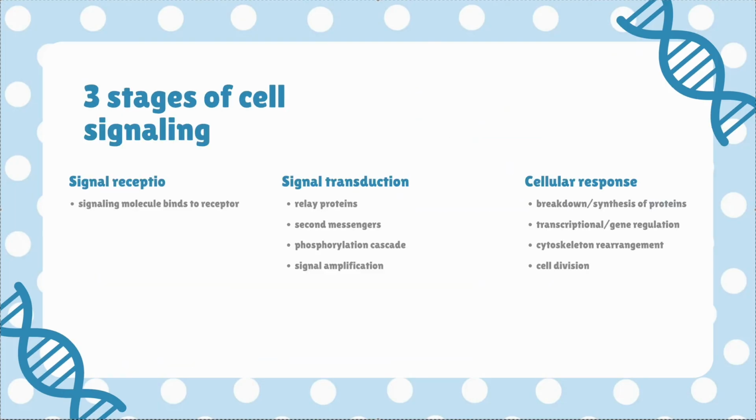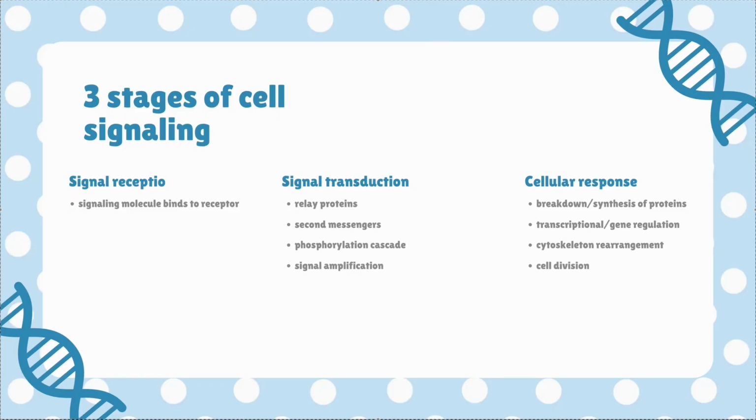Now, there's 3 stages of cell signaling. First, there's signal reception, ignore the missing N, but this stage is relatively simple. The signaling molecule or the ligand binds to the receptor either on the cell surface for water-soluble ligands or inside the cell for fat-soluble ligands.